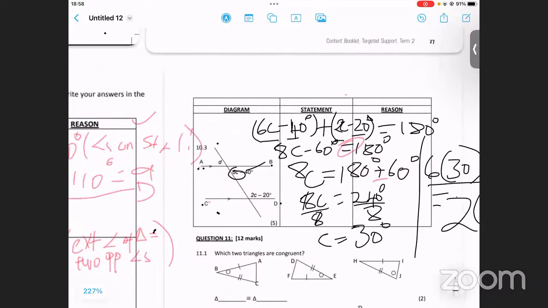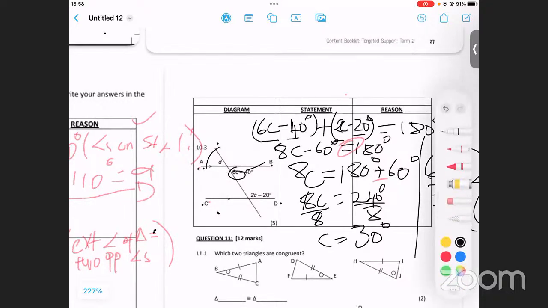Okay, cool. Now that we got this angle, how much is it going to be, our D?